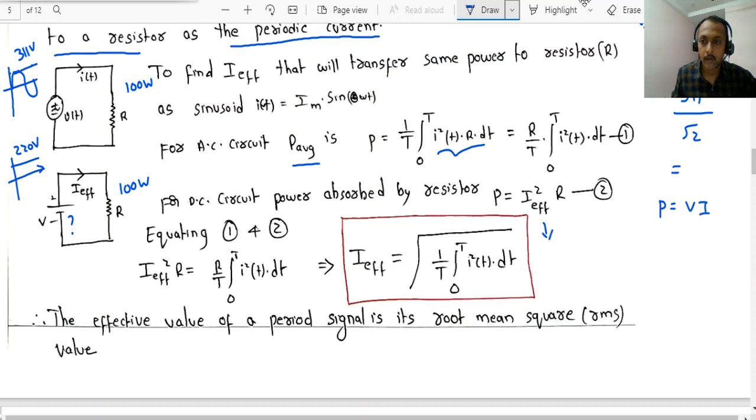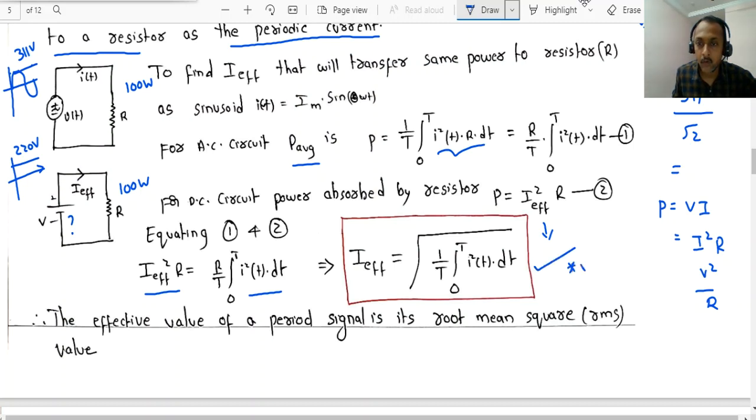Power P equals VI, which is I square R, or V square by R. Now the power in DC is I effective square into R. Simply equating 1 and 2, I effective square into R is the average power in DC and the average power in AC. R gets cancelled. So I effective equals root of 1 by T integral 0 to T i square of t dt. Very, very important.